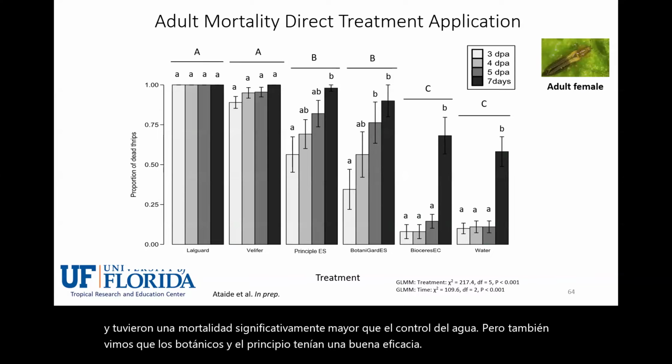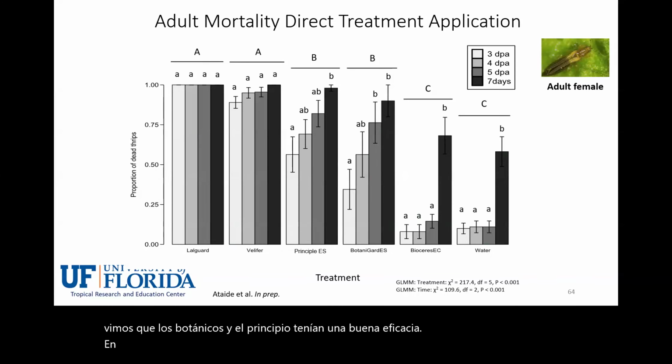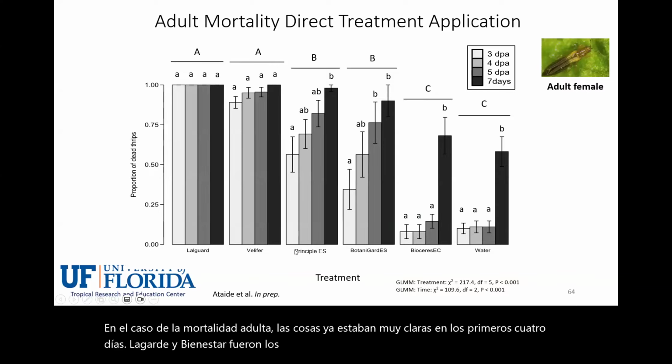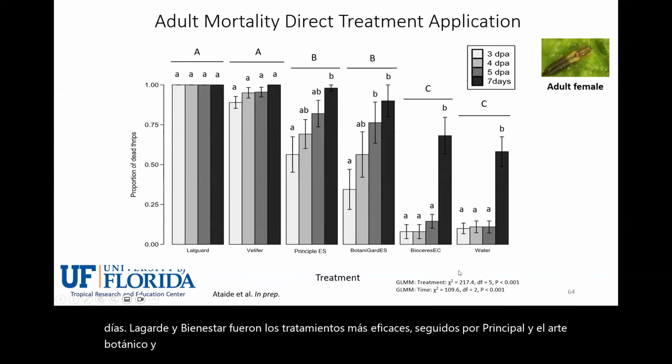In the case of adult mortality, things were very clear already within the first 4 days. Lalgard and Velifer were the most efficacious treatments, followed by Principal and the Botanigard, and all of them caused significantly higher mortality than the water control.